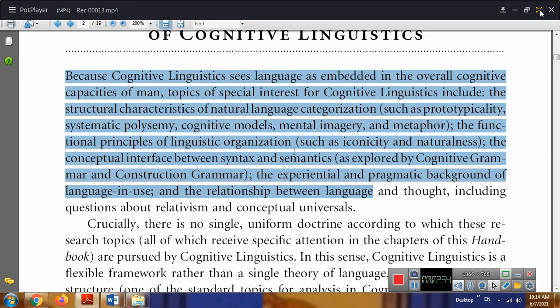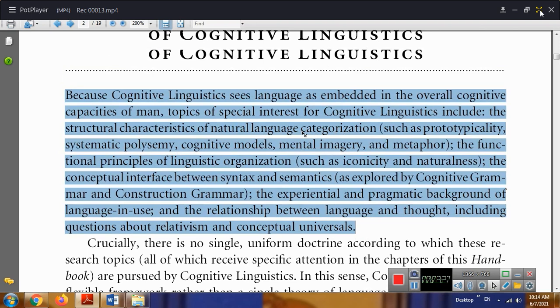The functional principles of linguistic organization, like iconicity and naturalness, the conceptual interface between syntax and semantics, as explored by cognitive grammar and construction grammar, the experiential and pragmatic background of language in use, and the relationship between language and thought, including questions about relativism and conceptual universals. These matters will be discussed, and they are concerned with cognitive linguistics.